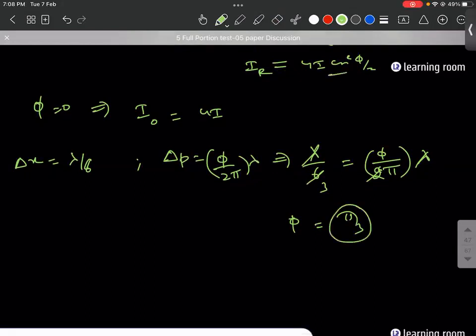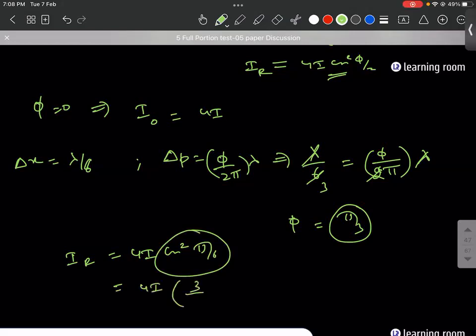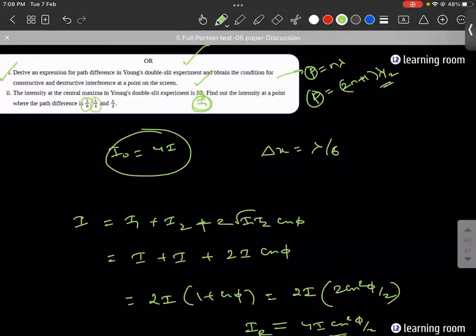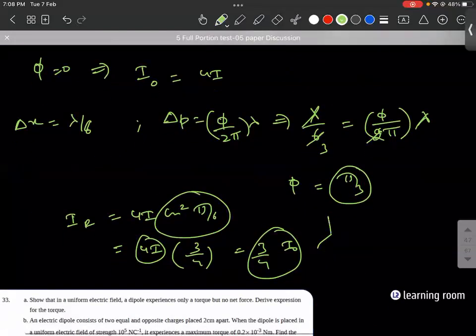Substituting pi by 3, the resultant intensity will be 4i into cos square pi by 6. Cos square pi by 6 is 3 by 4, so it is 3 by 4 times 4i, which is 3 by 4 times I naught. Similarly, when it is lambda by 4, what will you get? 4i into cos square of pi by 8.